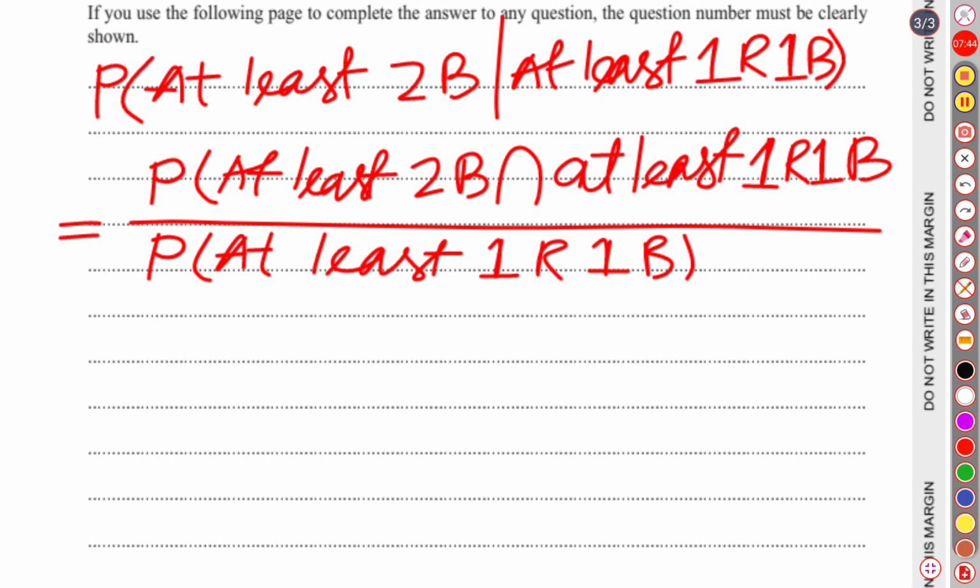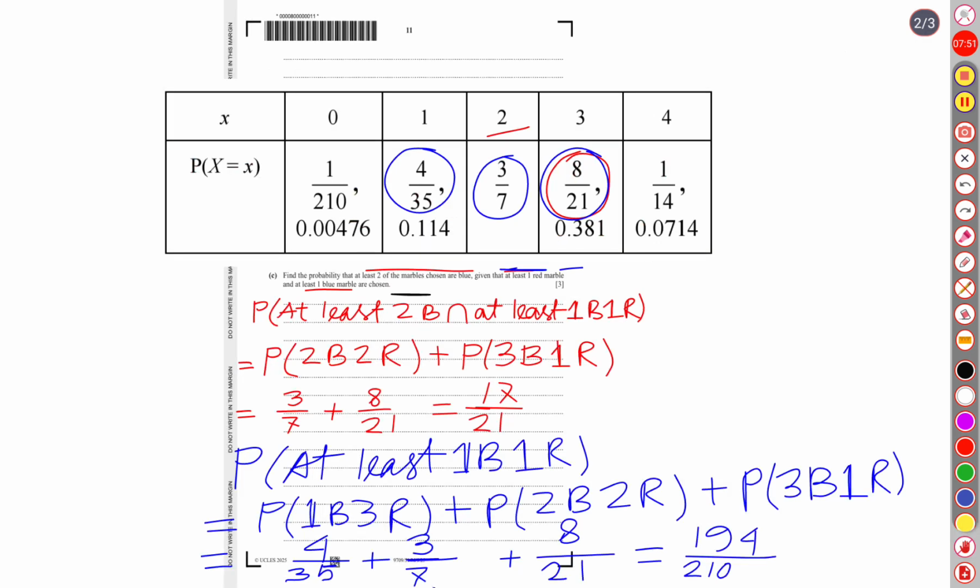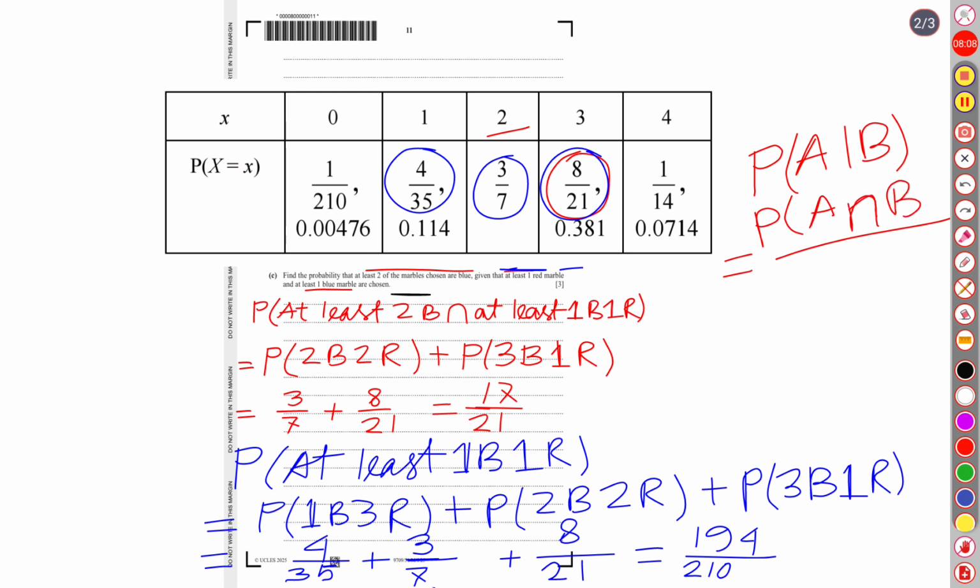Actually, let me tell you the formula on the previous page. The formula of conditional probability: probability of A given that B is equal to probability of A intersection B over probability of B individually.